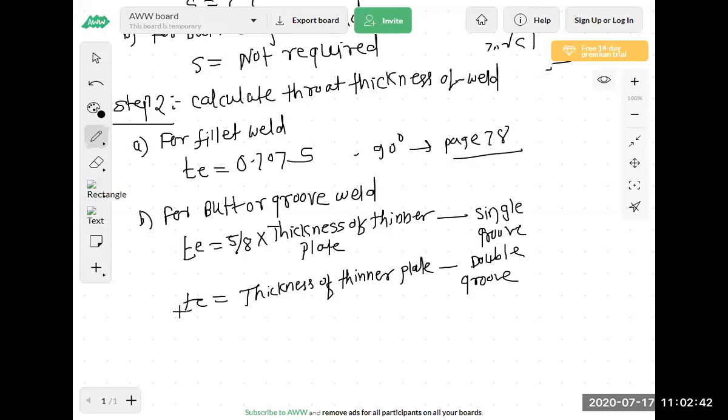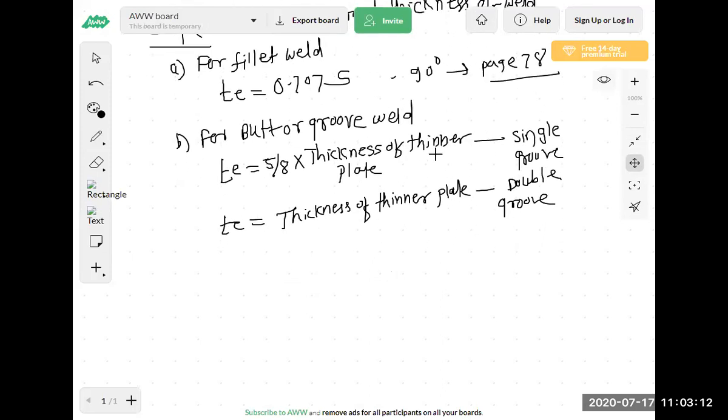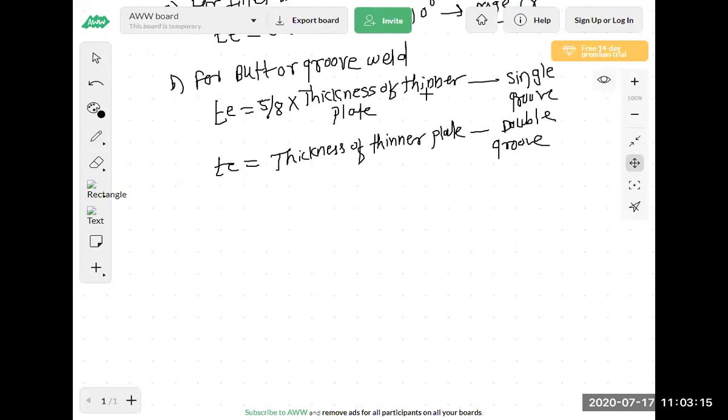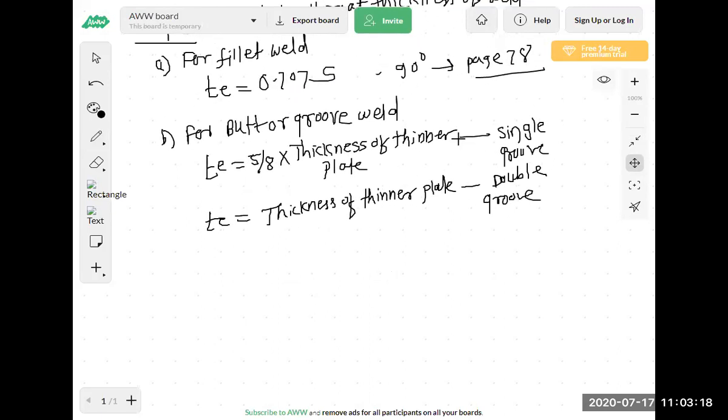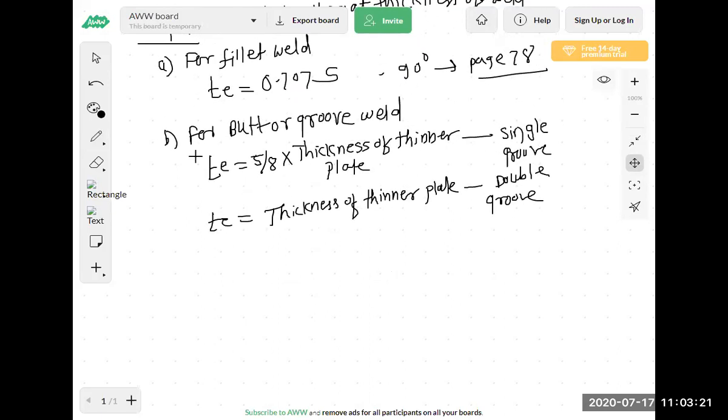Okay, so this is the throat thickness. So step number 2 is over. Have you written all? Please write, those who have not written. Okay.